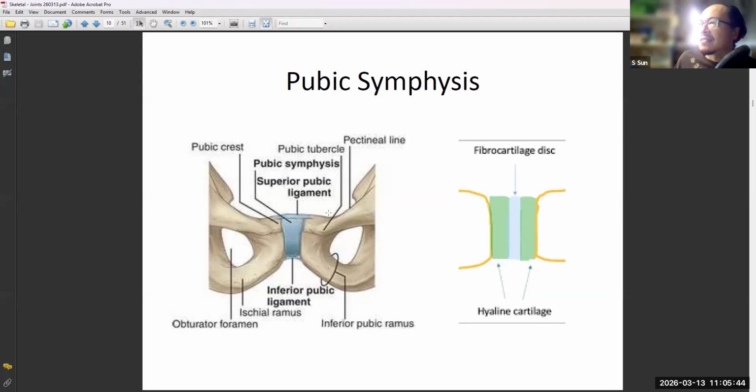And this is the pubic tubercle, and here is that line, the pectineal line. So that's that. What's the functional classification? It's amphiarthrosis. And the subtype is symphysis, because it's fibrous cartilage tissue.